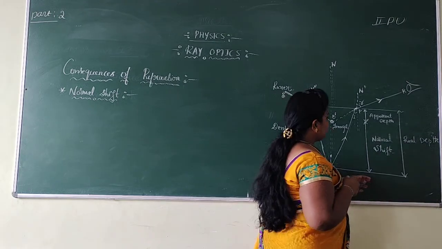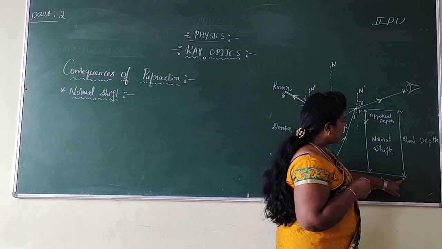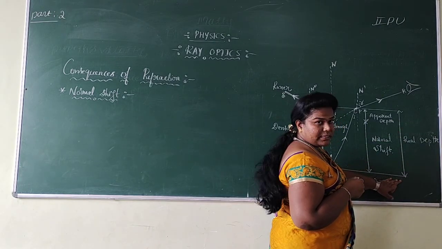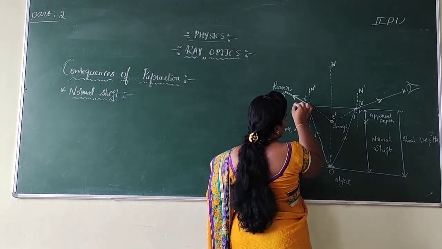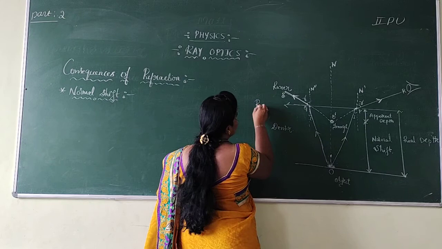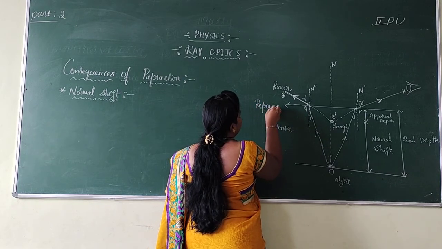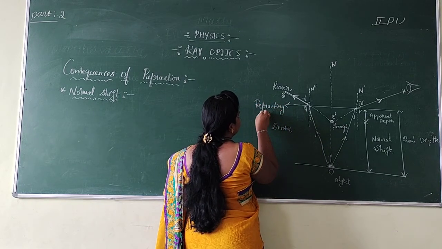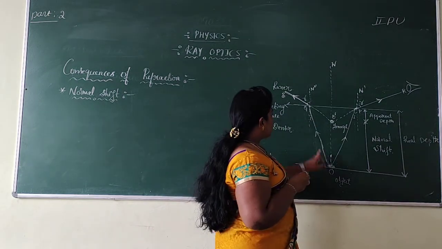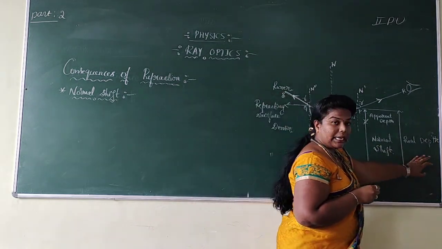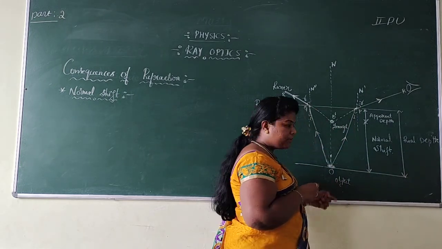And my dear students, you can observe that the distance between the object and the refracting surface is said to be the real depth, because it is the original depth.